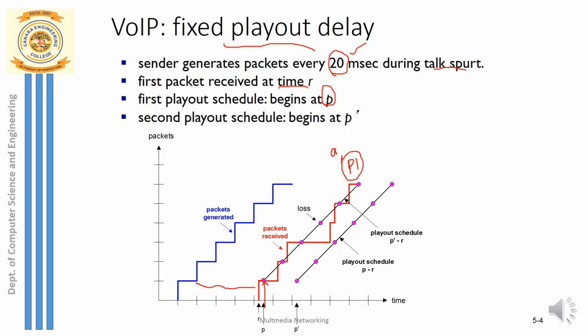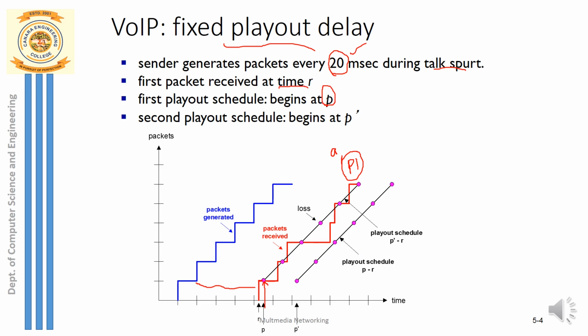And you can see from this point of time, he has waited for some duration for receiving the next chunk, right? He has waited, for example, less than 20 milliseconds. And now at this point of time he is receiving the second chunk, right?